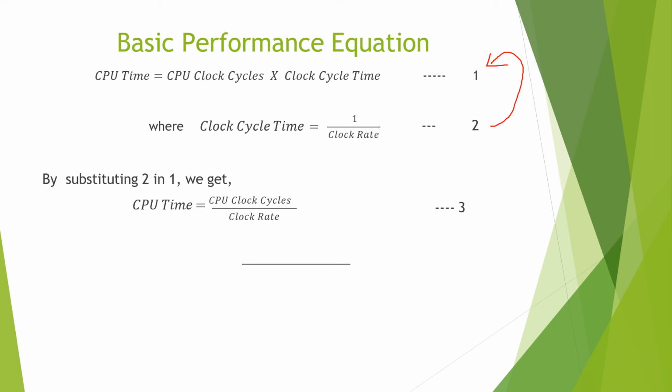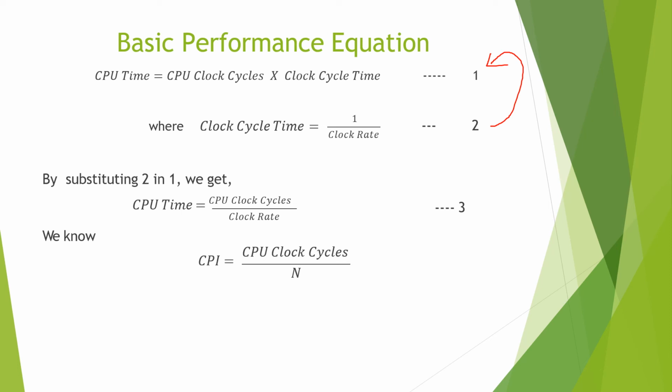And we know the CPI formula: CPI is equal to CPU clock cycles divided by n, where n is the number of instructions.